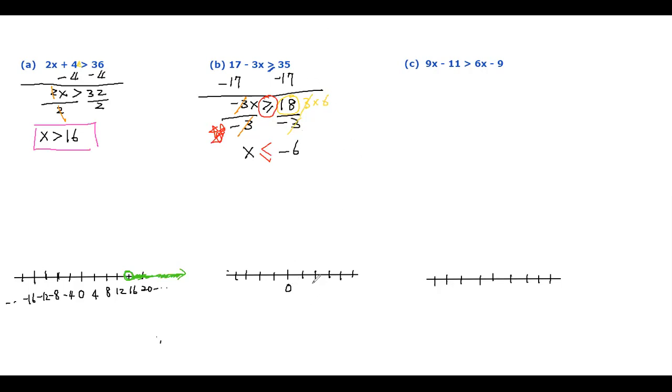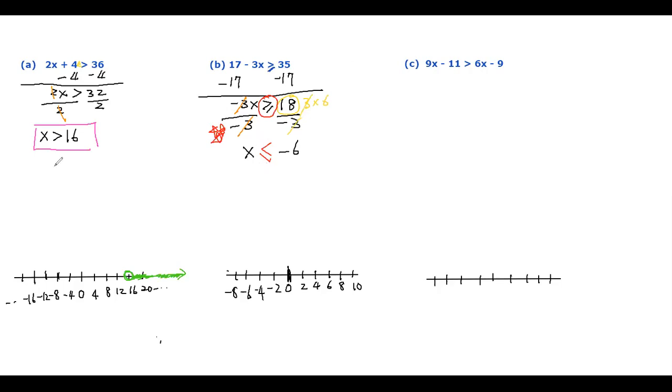Okay, so now let's see how we graph here. If this is 0, this is 2, 4, 6, 8, 10. This is my real number line, right? So this is -2, -4, -6, -8 here. Because it's open here, how do we read it? It's x is less than or equal to -6, right?